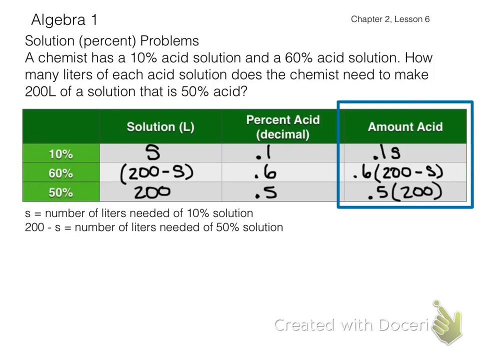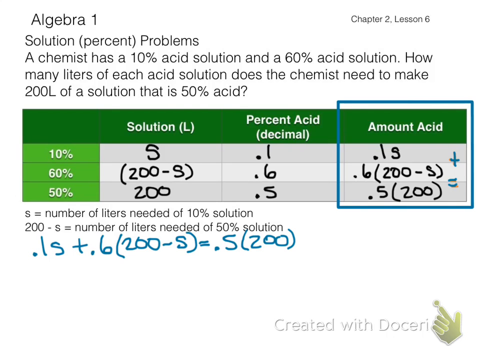Again, this is the same important information from the last problem. It's the final column that's important, and it's going to be this plus that equals that. So 0.1 S plus the quantity 200 minus S times 0.6 equals 0.5 times 200. So there's the equation right there.